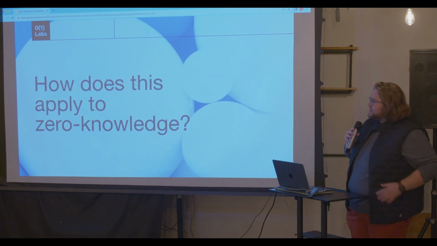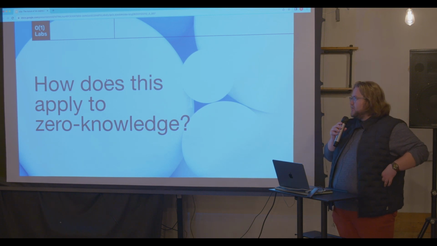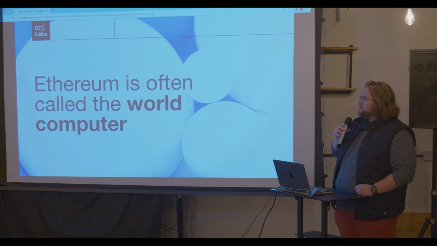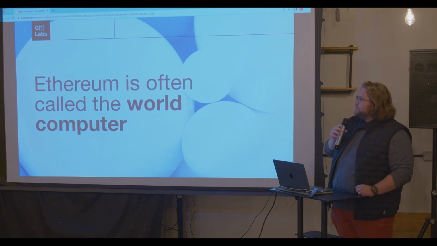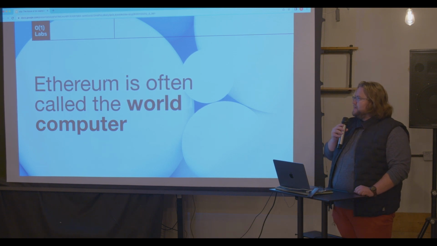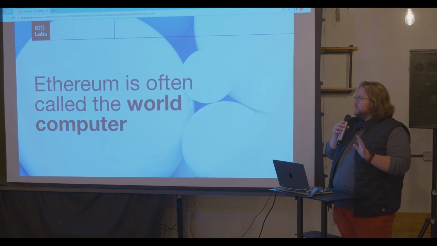And how does that fit into the entire zero knowledge theme, you might ask? Well, if we look at the Ethereum world, which is something that we look at very often, we see that Ethereum is sometimes called a world computer, or something along that line.